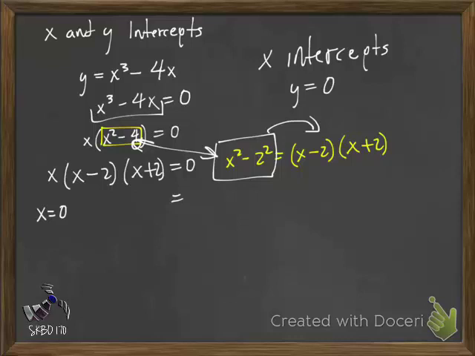If you have a 0 here, the whole left side of the equation will be 0, because anything multiplied by 0 becomes 0.